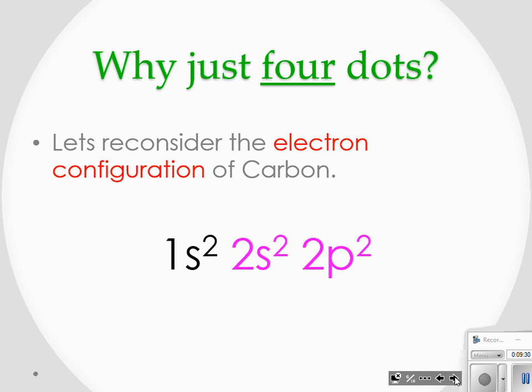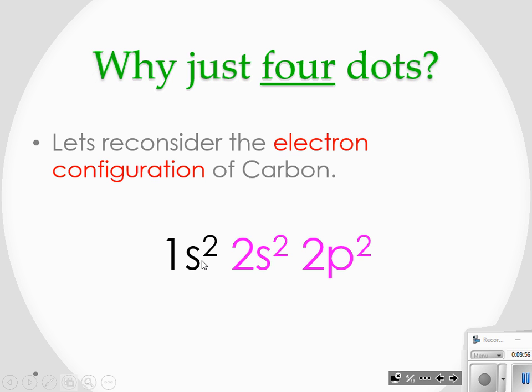Now, these 4 electrons, the 2s2 and 2p2, are the only valence ones. This is an inner energy level, not a valence level. So that is why we have only 4, and we do not count the number 6.